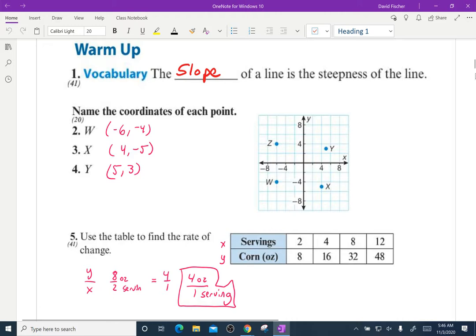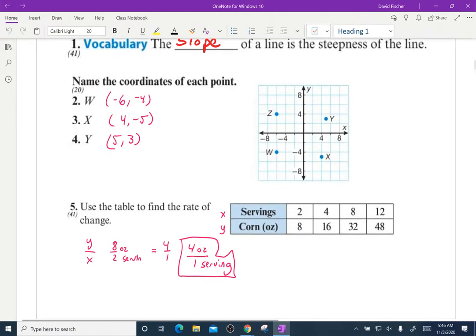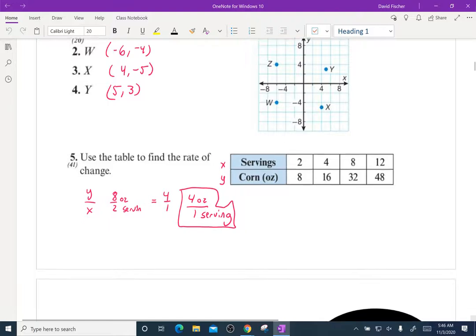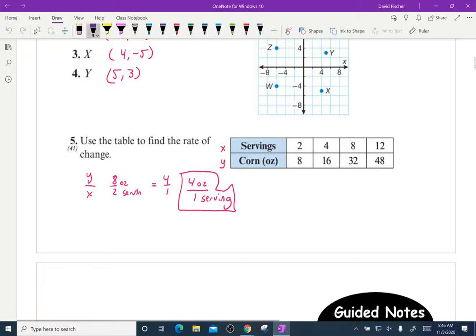W we got -6, -4. X is the coordinate 4, -5. Y is 5, 3. Very important, what we were talking about yesterday is that anytime I'm doing a rate of change, we want to get it down to a 1 on my rate of change. So in this case, we could have left it as 8 ounces over 2 servings, but we want to get it down to per serving.